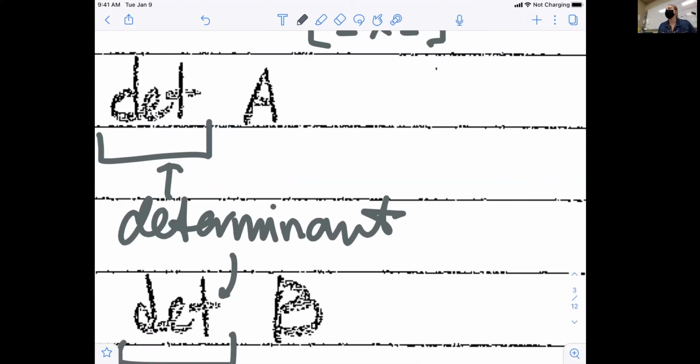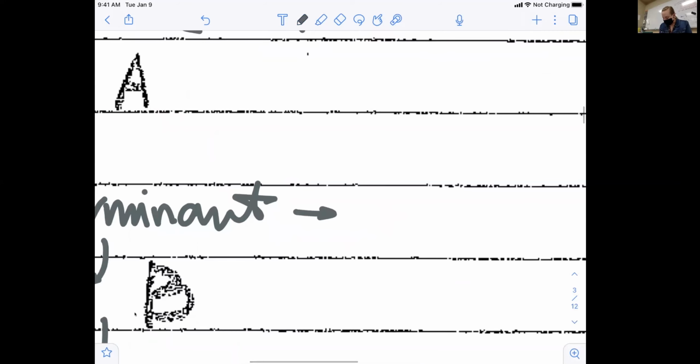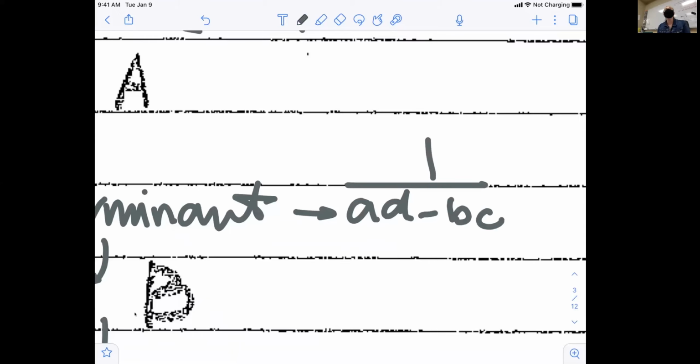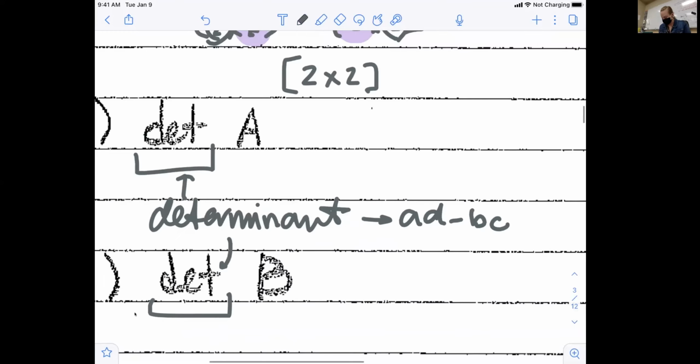And to do the inverse, you need to know how to find the determinant. Technically, the determinant is A times D minus BC. However, a lot of times we do 1 over the determinant. I was talking to my other class, I kept doing 1 over, 1 over. So technically the determinant is what's in the denominator, but if you do 1 over, that is also okay. So I'm going to try and keep it here for simplicity.